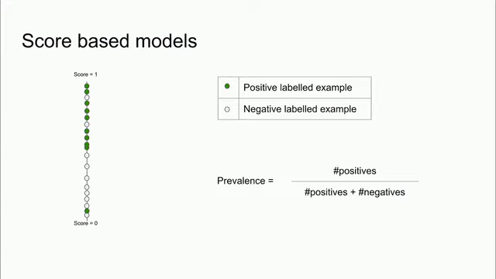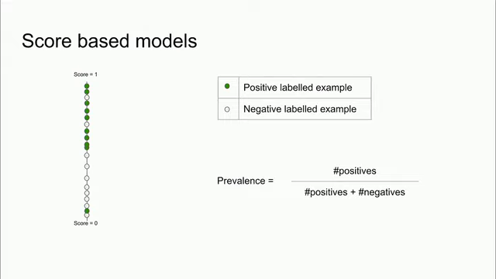You'll also have this notion of prevalence, which is the ratio of positives to the total number of examples you have. In a class-balanced problem, you'll have a prevalence of 0.5, since you have an equal number of positives and negatives. One thing to note is that for ranking purposes, the actual absolute score doesn't really matter.